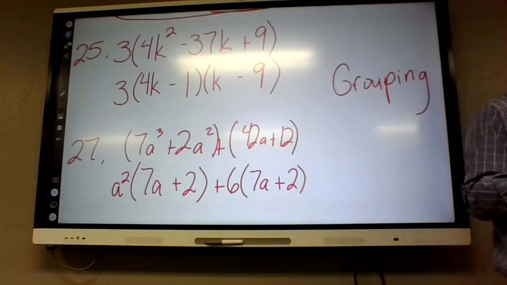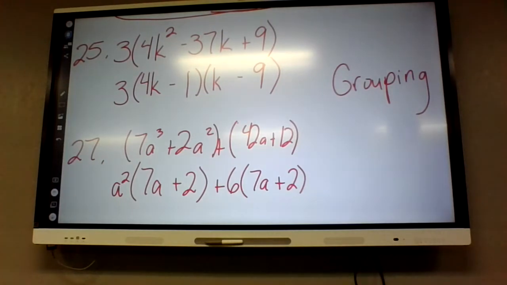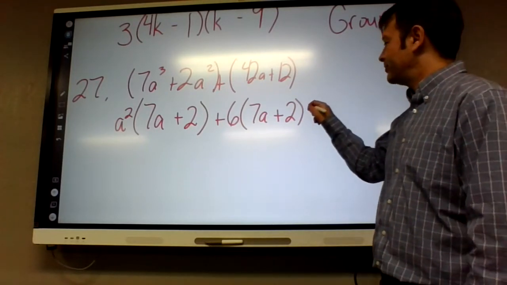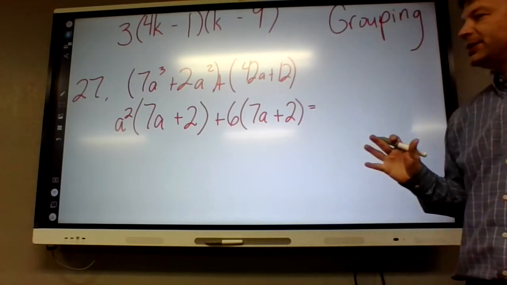Okay, notice my parentheses are identical. Grouping only works if your parentheses are identical. So it's kind of a special case, but the book's going to give you problems where it'll work. This is not the final answer.